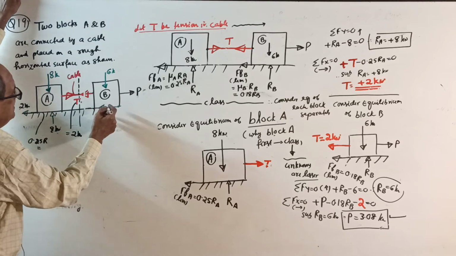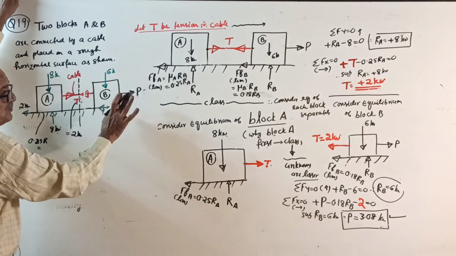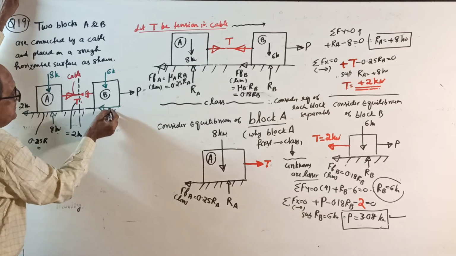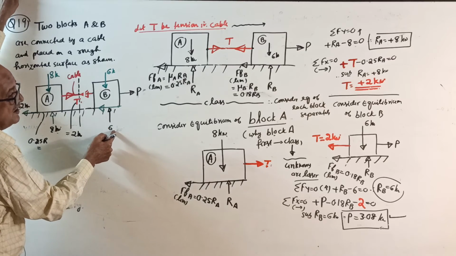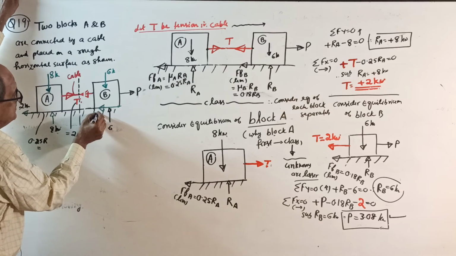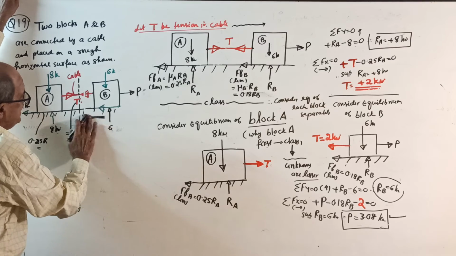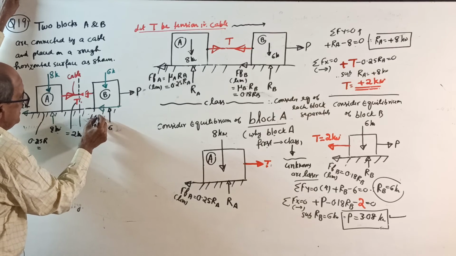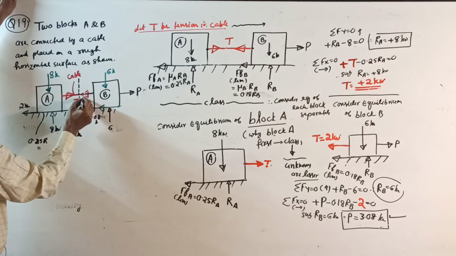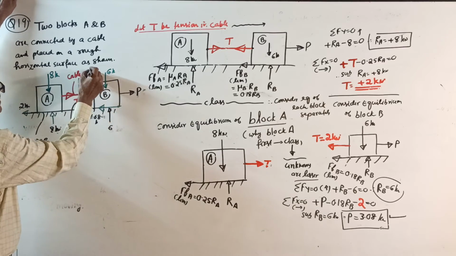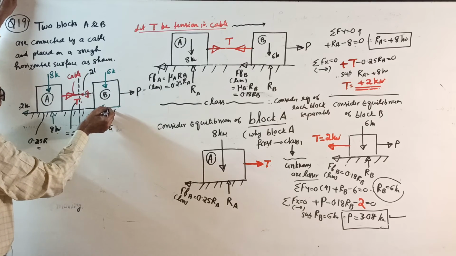Then come here. Down 6, normal reaction up 6. No other vertical force is there. Friction is 6 into 0.18, which is 1.08 kilonewton. The tension we got is 2 kilonewton on the left side, friction 1.08 on the right side.